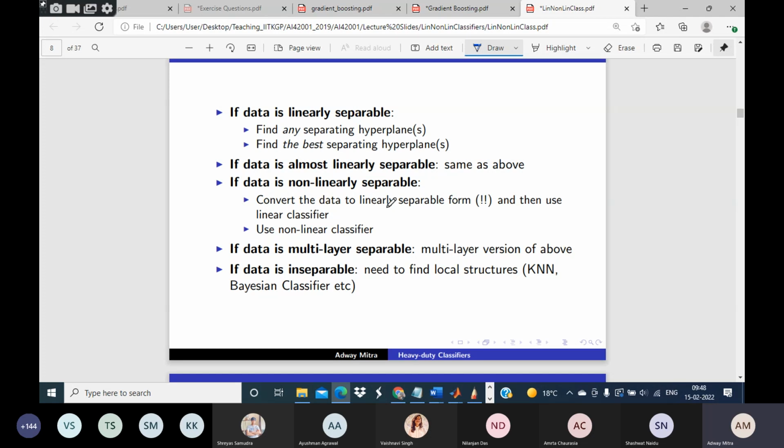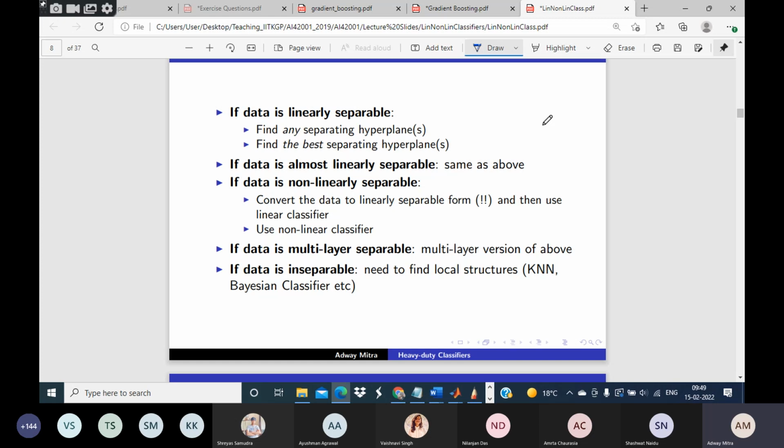This may sound rather strange at this point, but we will see later that it can be done rather easily. And finally, if the data is multi-layer separable, then we can use a multi-layer version of whatever we are using so far. Like if we are using a linear classifier, then we can have a multi-layer linear classifier, which is like the primitive form of a neural network.